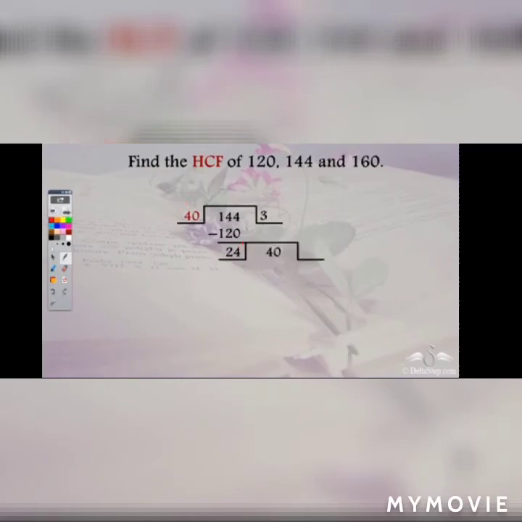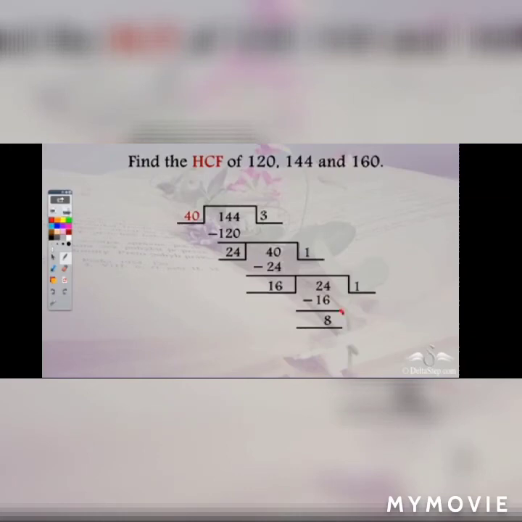So 24 will now divide 40. 24 goes into 40 one time, and I get the remainder as 16. This is what we have. Now this 16 is the remainder. So it will now divide 24. So 16 will now divide 24. 16 goes into 24 one time, and I need to subtract it to get the remainder 8. This is what I have.